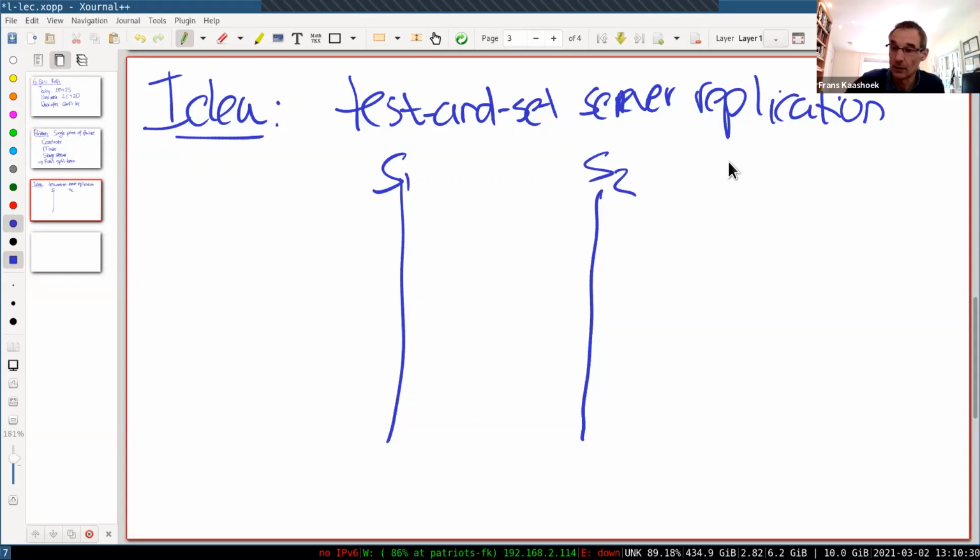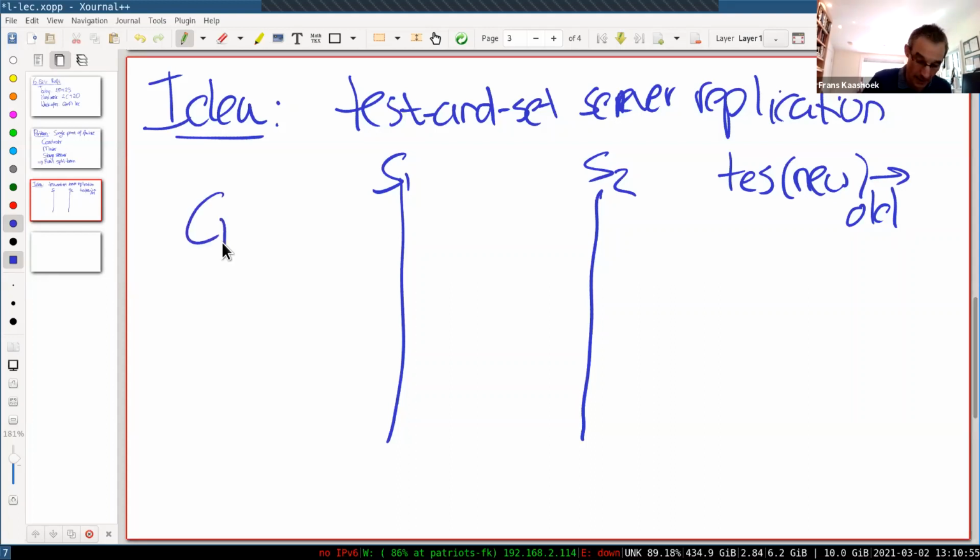And just to remind, test and set takes an argument new and it returns the old value. The goal is that if two clients at the same time call test and set, one wins, getting false back as the old value, and the other one loses because it gets true back as the old value. So let's see how this might play out.